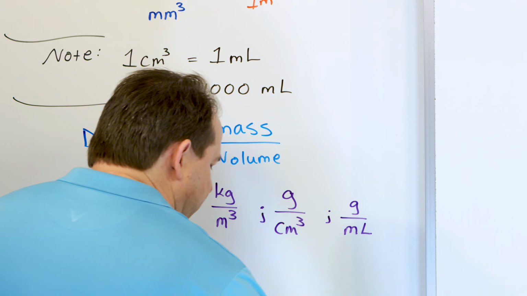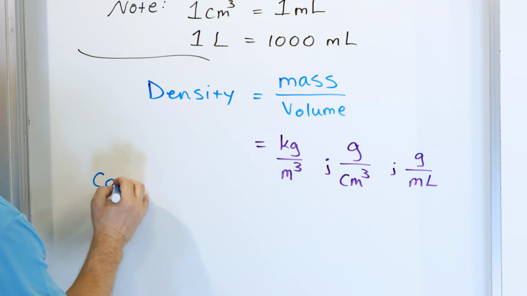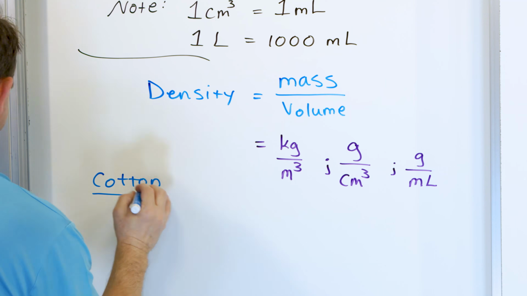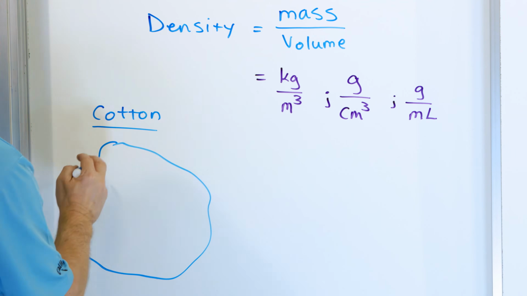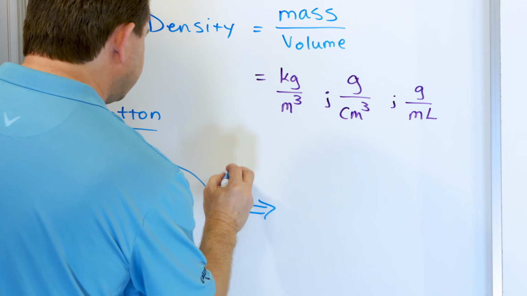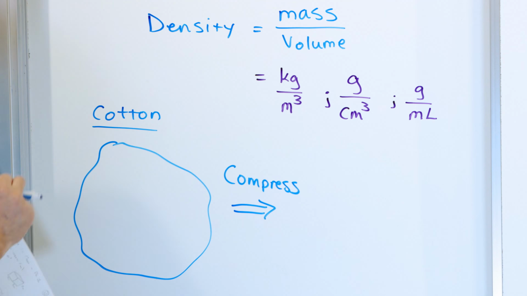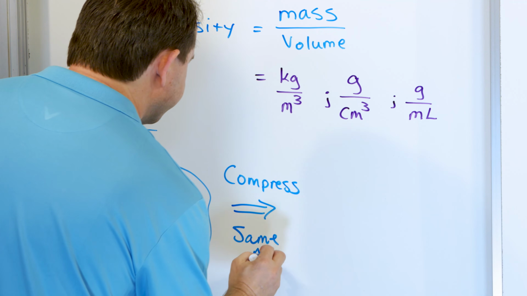Now let's talk about conceptually the idea of density again. Let's say I have that giant amount of cotton, as I mentioned a second ago. Let's say it's occupying this much space, and it has a certain amount of mass. And then what I do is I compress it. I put it in a compactor and I compress it on all sides, but notice it has the same mass.